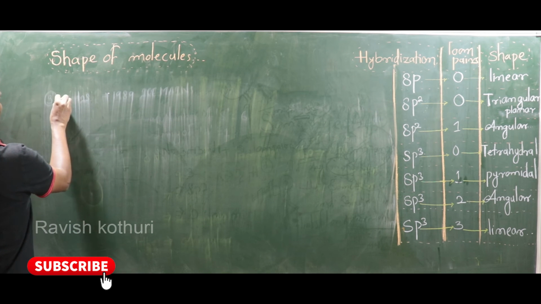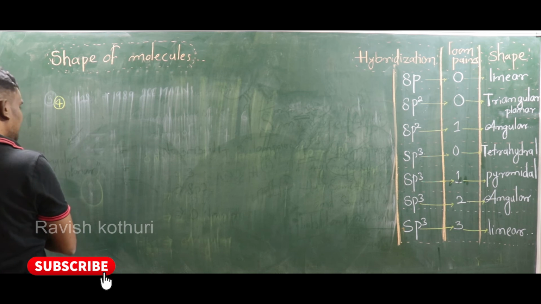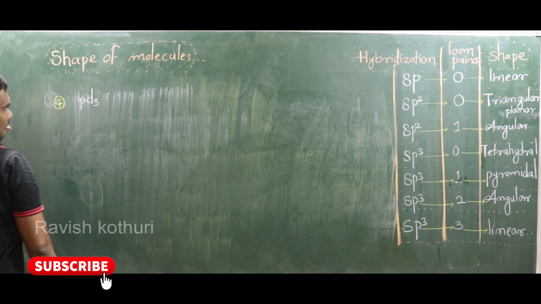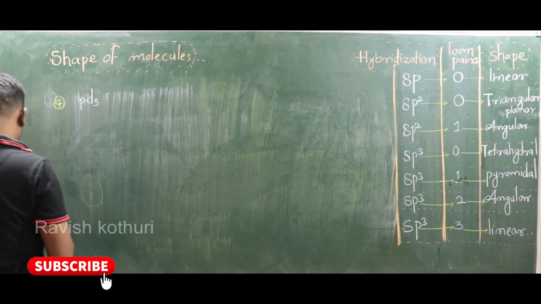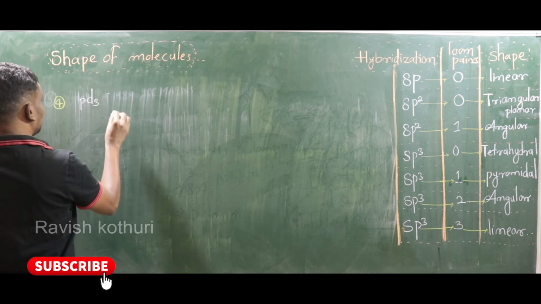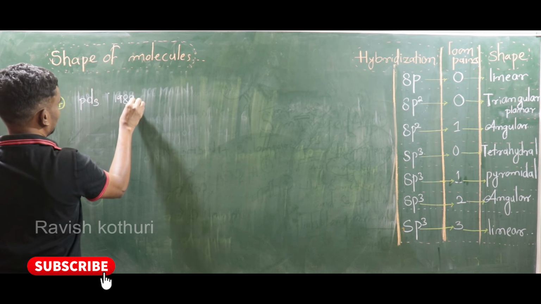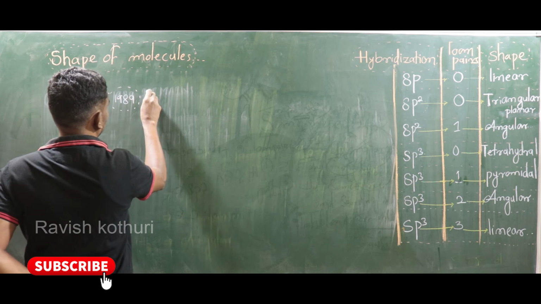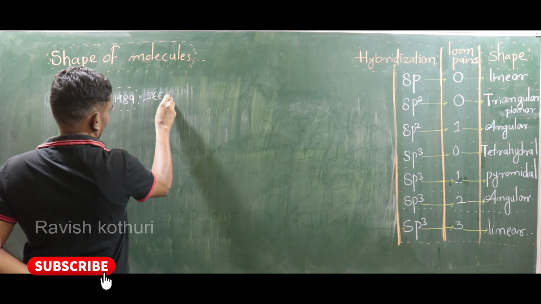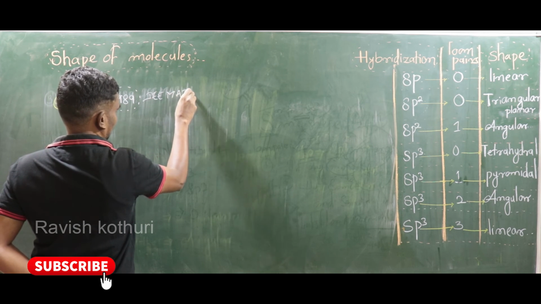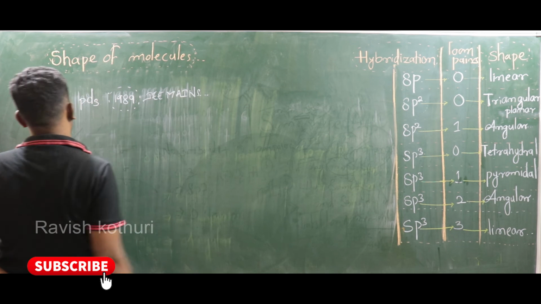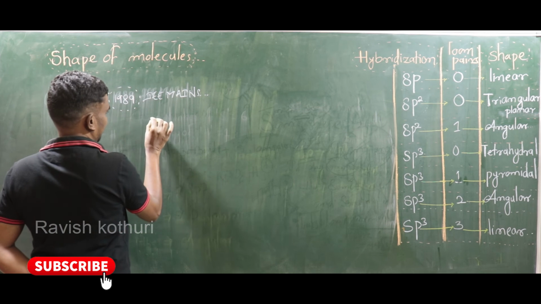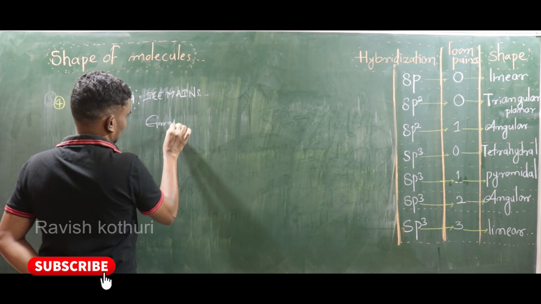See, fourth example, that is PCl3. This was asked in 1989 JEE Mains. Here, what about the group number of phosphorus?